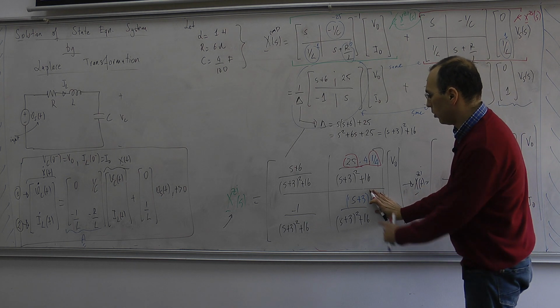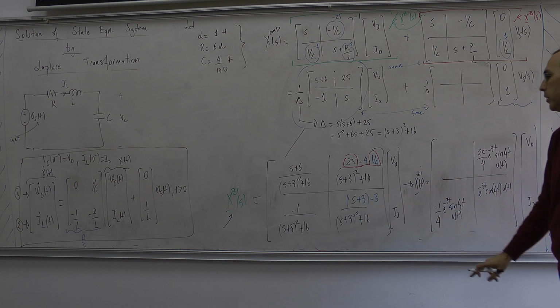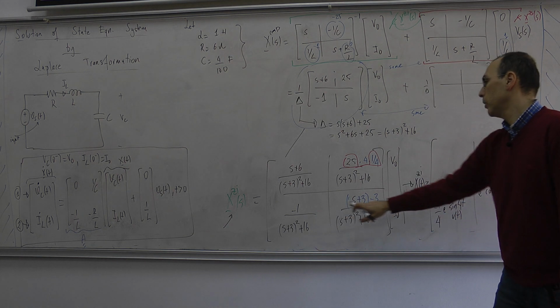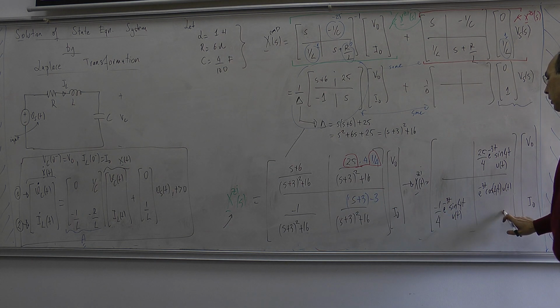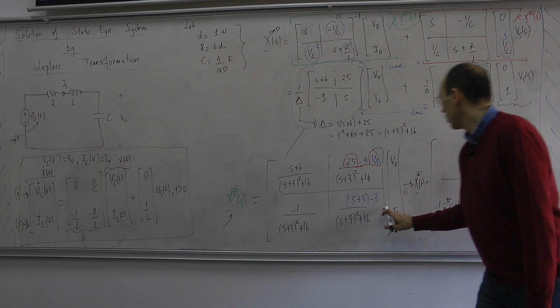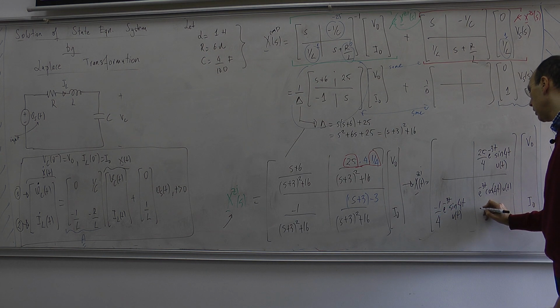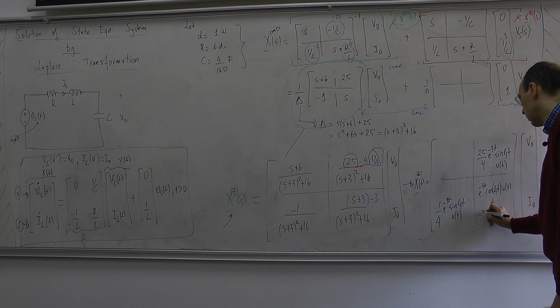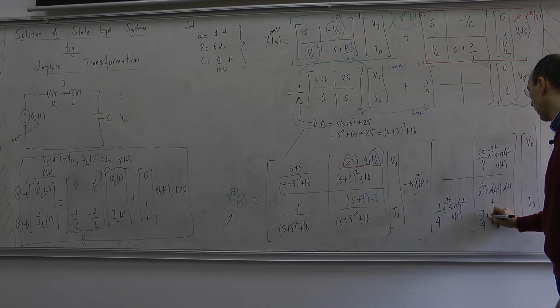So on this part. Okay. How about this? Then this is the negative minus 1. If you multiply this one by 3, is it 3 only? It's just 3 only. So I need to multiply this one by 3, plus minus 3 over 4 e to the minus 3t sine 4t u(t). Okay.